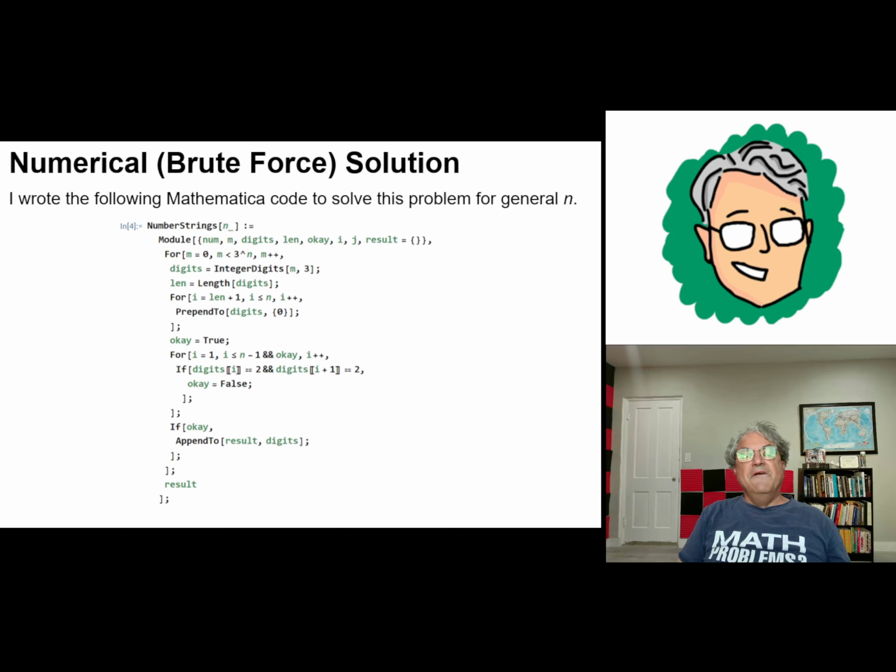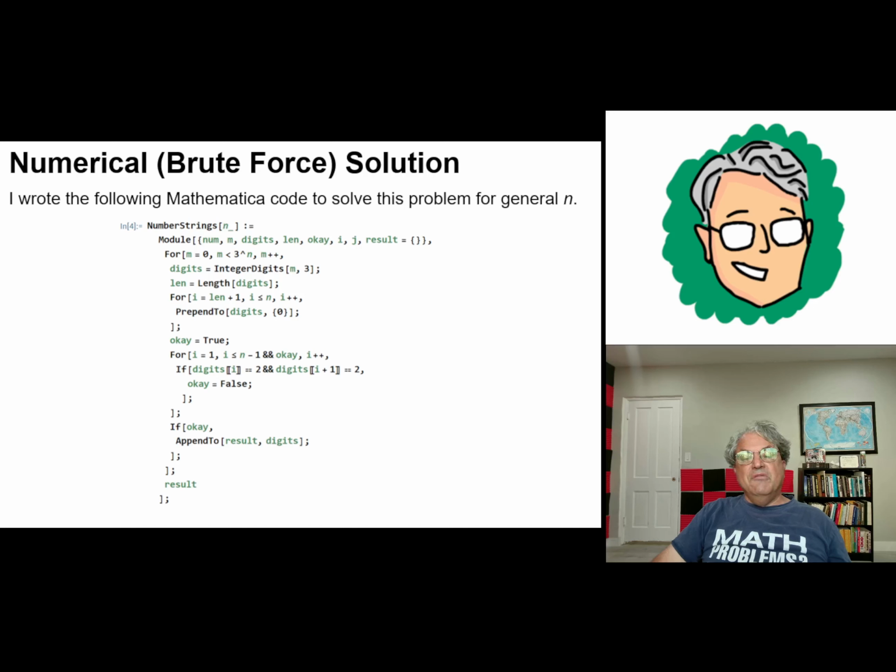We don't allow that, so I set OK equals false. And if it's not okay, I don't append it to the list of results. So I'm basically just listing all the results using a ternary expansion and eliminating the ones that don't work.